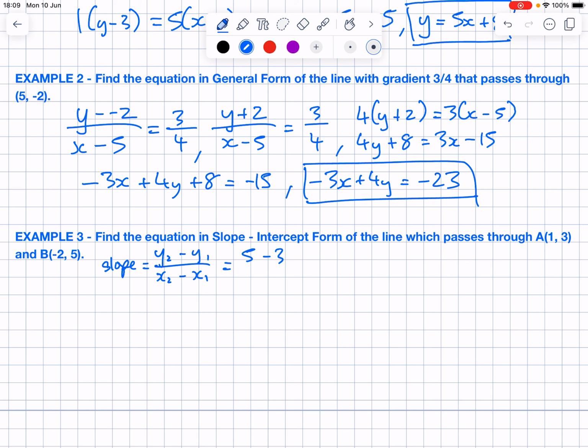Y1 is 3. X2 is -2. X1 is 1. 5 take 3 is 2. -2 take 1 is -3. So the gradient or the slope is 2 over -3, or negative 2 on 3. That's the same as this, negative 2 on 3.